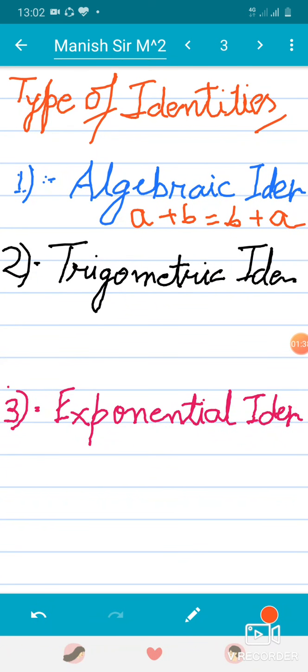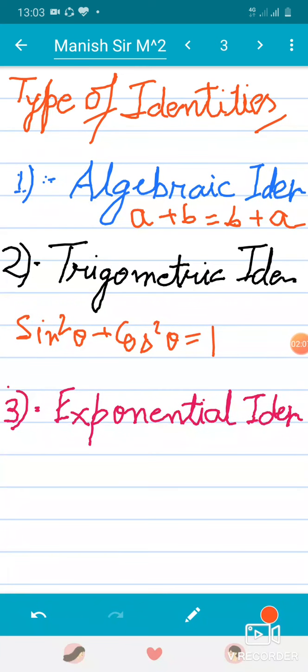First type is algebraic identities. It means, we generally know that in algebraic identities a plus b is equal to b plus a. Second one is the trigonometrical identities, in which we know that sine square theta plus cos square theta is equal to 1.